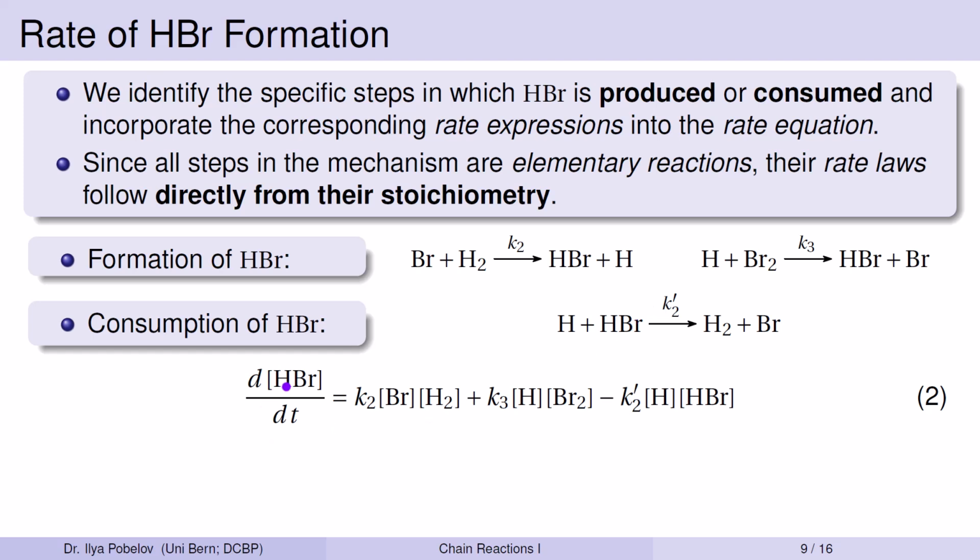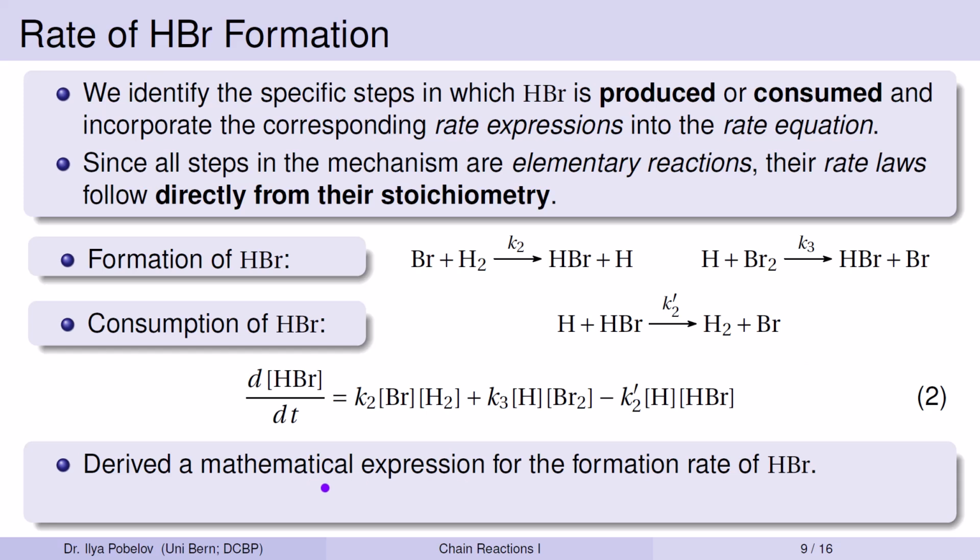The time derivative of the hydrogen bromide concentration equals K2 times the concentration of bromine radicals times the concentration of hydrogen molecules, plus K3 times the concentration of hydrogen radicals times the concentration of bromine molecules, minus K2 prime times the concentration of hydrogen radicals times the concentration of hydrogen bromide.